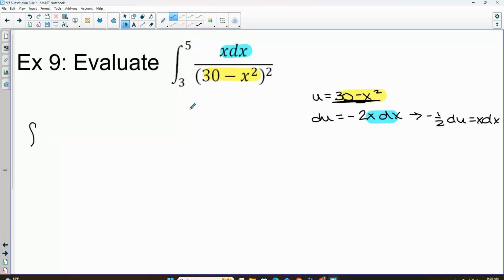So I'll kind of simultaneously work out the two ways. You pick which one you like and you follow along with that one. Ultimately, it starts out the same. We're plugging in, this would be 1 over u squared. Can I write that as u to the negative 2? And then we have a negative 1/2 to u, so I'm going to put my negative 1/2 in front.